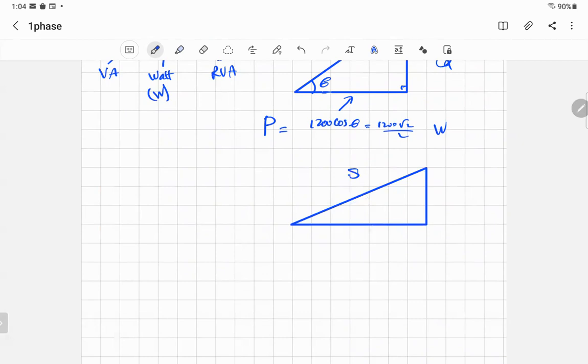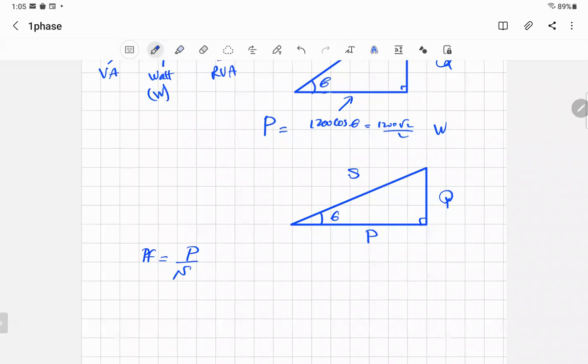That's S, P, Q, and that's the angle theta. The power factor measures how much real power, how much active power the consumer consumes with respect to the total power or apparent power provided by the supply. So power factor originally is equal to P over S.